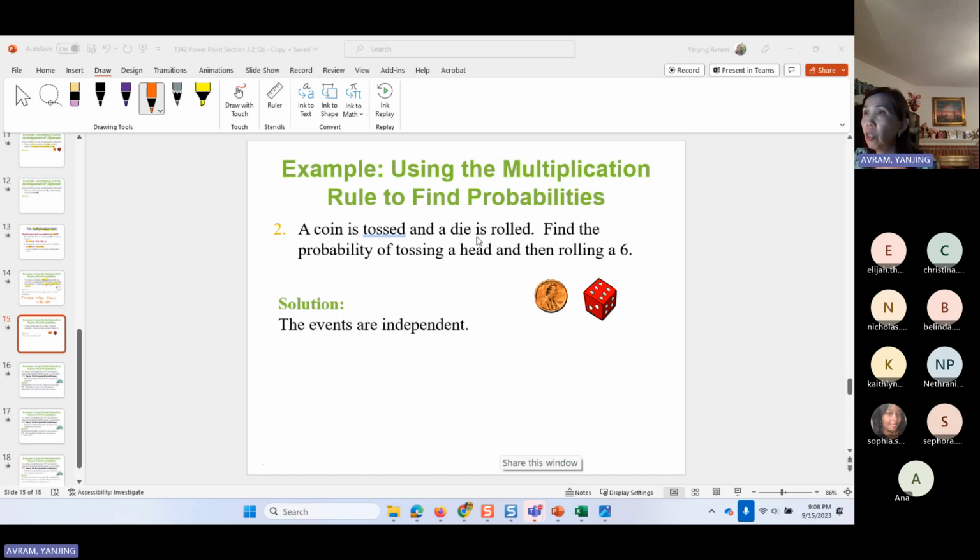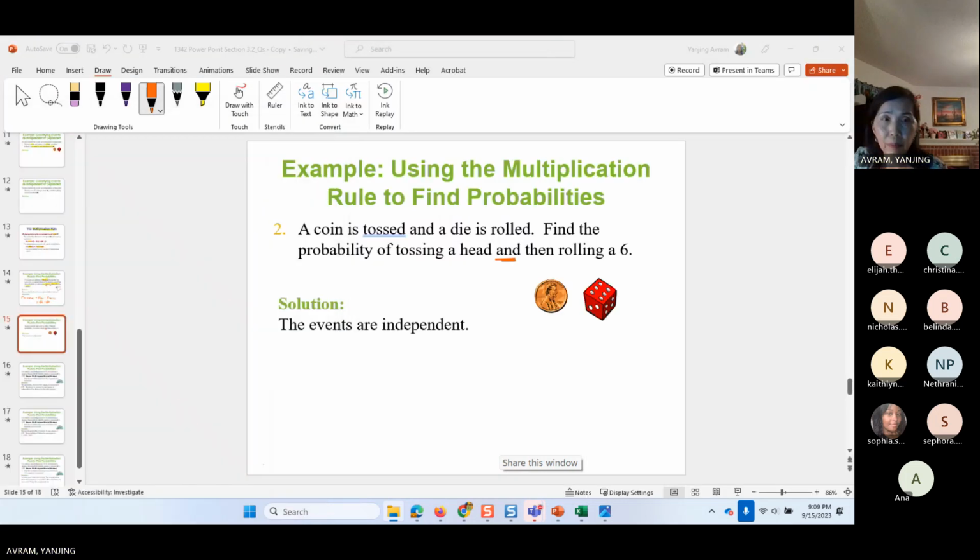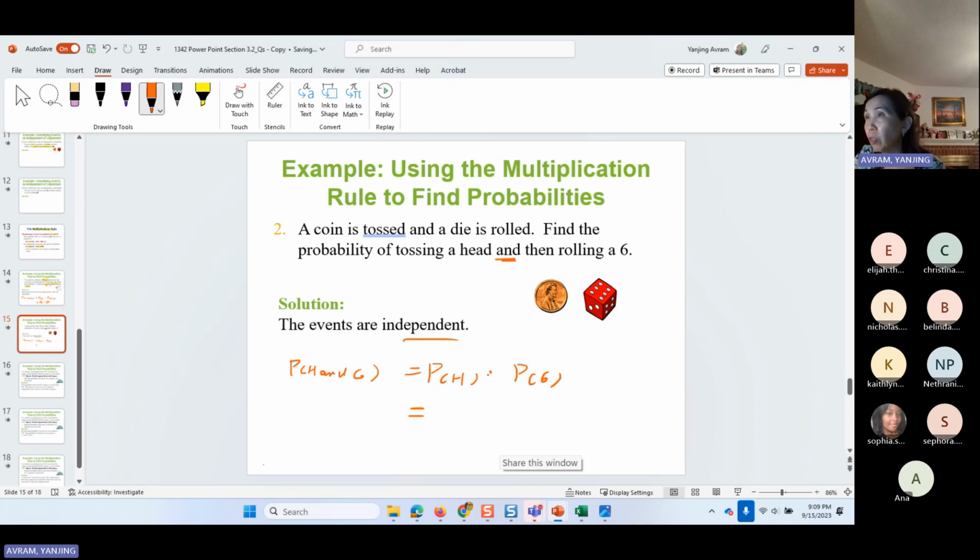Second one: a coin is tossed and a die is rolled. Find the probability of tossing a head and then rolling a 6. How do you do this one? Since this is independent, the probability of getting a head and rolling a 6 equals the probability of the head times the probability of getting a 6. I just multiply those two together.